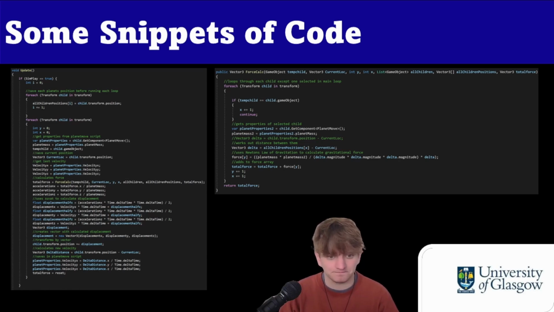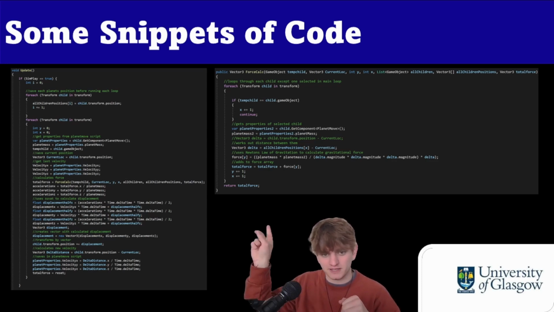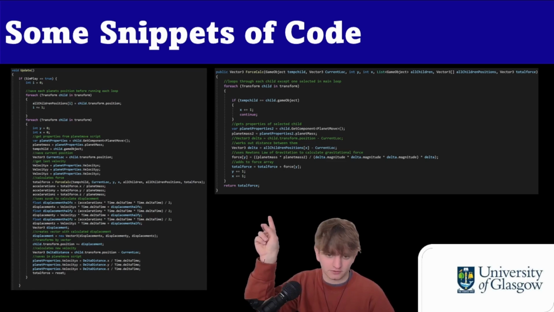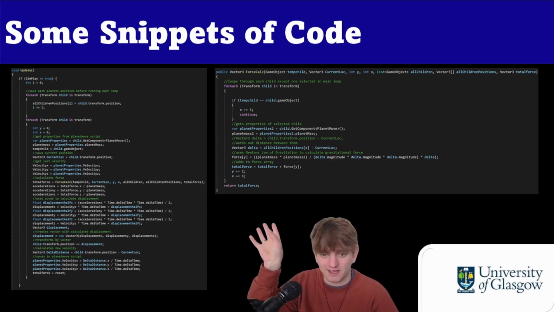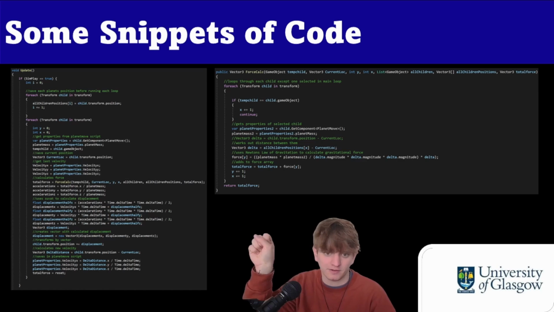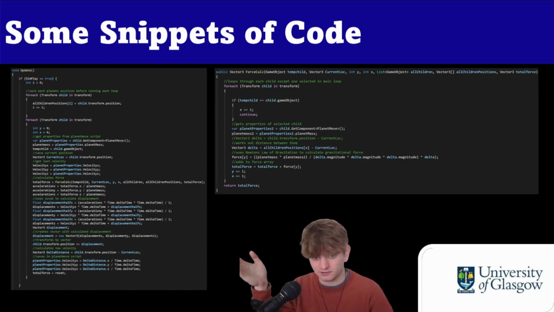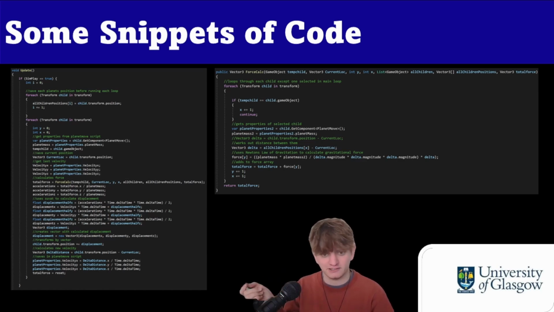And you'll see I'm working out velocities, accelerations, and displacement, and then in the middle of that script, I'm running this force calc function that I made, which is the script for the force acting on the planets. And like I discussed, it iterates through the planets and sums their forces.